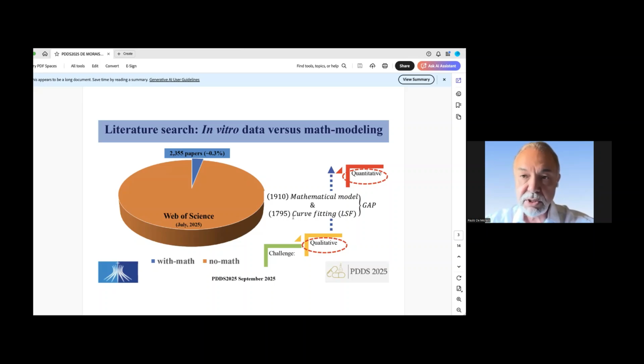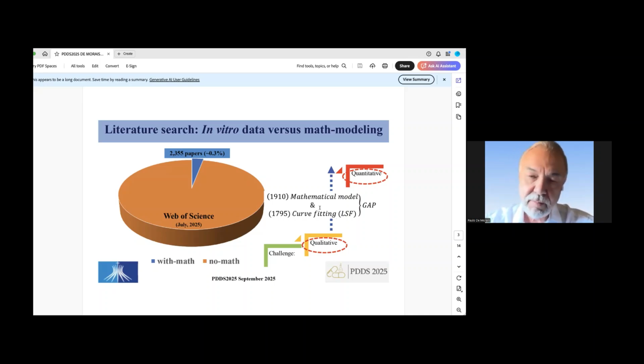And the second piece, how you can take the data and use your mathematical model to analyze the data, was proposed almost over 200 years ago. So it's the curve fitting, called the least square fitting. It was proposed actually in 1795 by the German mathematician Carl Friedrich Gauss.